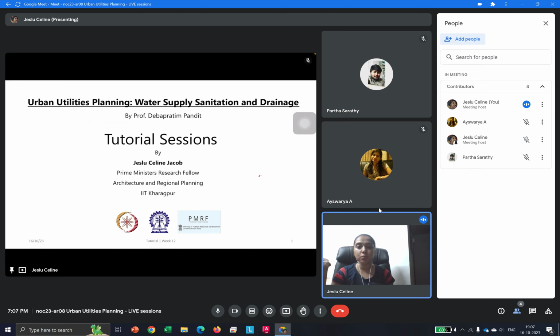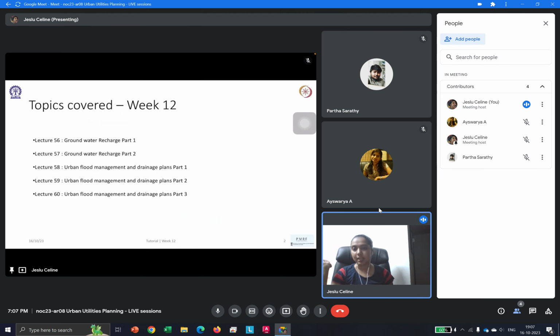So these are the topics which we discussed in week 12. Okay, there's some slight lag. So mainly we discussed two aspects, groundwater recharge and flood management, but we went into the details of these aspects by looking into what are the different groundwater recharge measures. And we also looked into different softwares that can be used in order to predict the water flow, the water layout, and flood management techniques and all that.